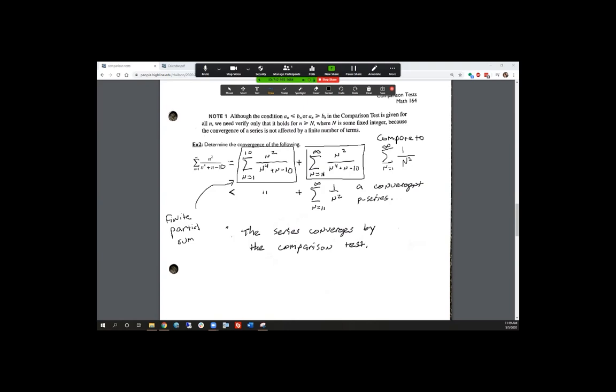Once again, the main point is that if you have this tug of war happening between positive terms and negative terms, and you don't necessarily know which one is going to win, you have the option of separating out or breaking out the first part of the series and dealing with that separately from the infinite series.